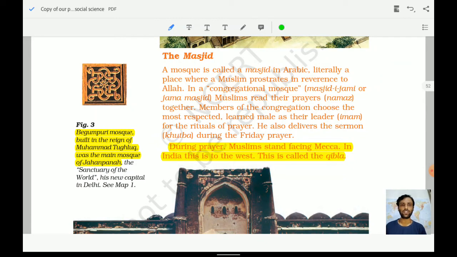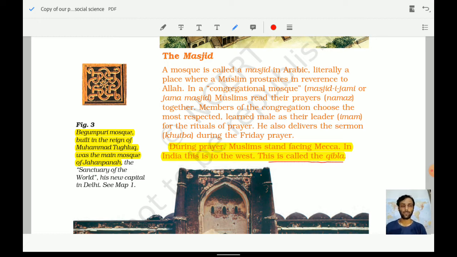We understand the masjid and what type of prayers were happening, and the imams used to read the sermons, which is known as the khutbah. During the prayer, Muslims stand facing Mecca. In India, this is to the west, and this is called Qibla. So remember this. What is Qibla?